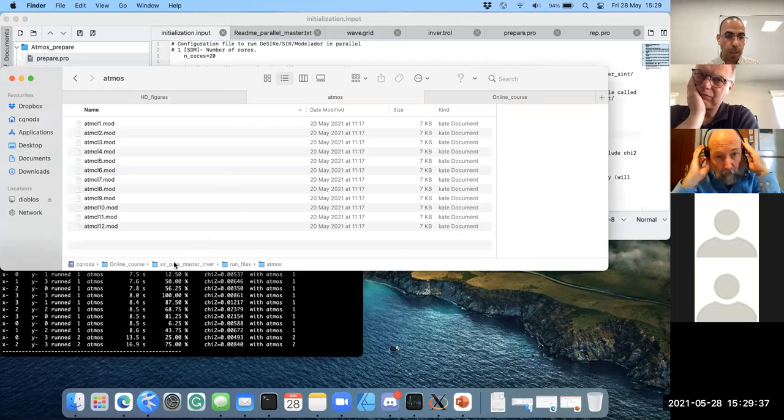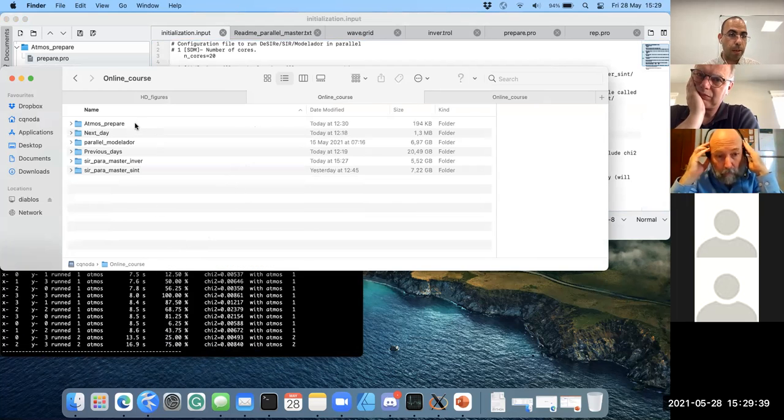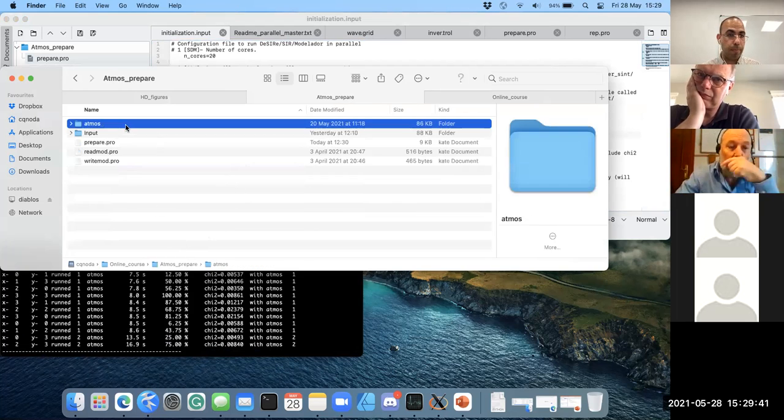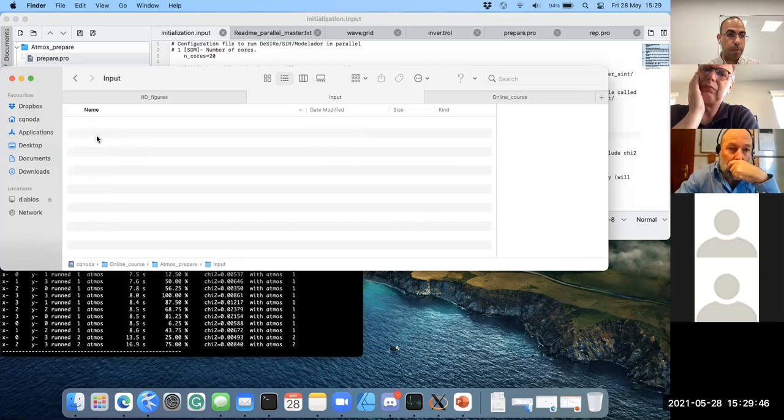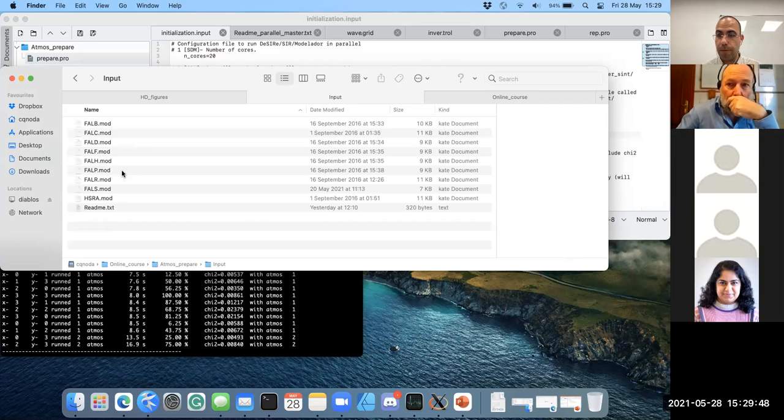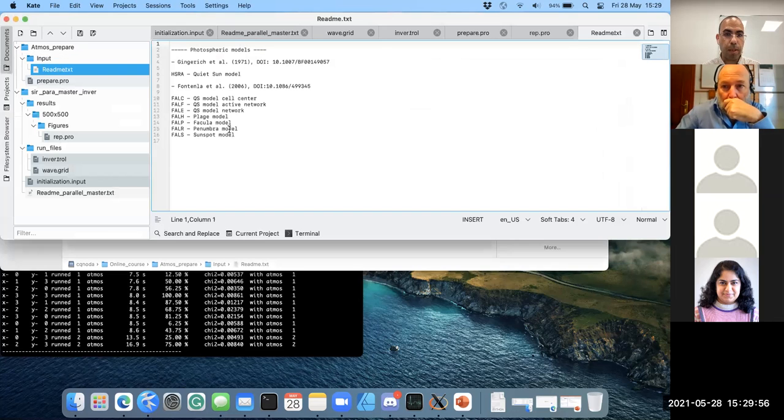I prepared a folder here called atmos_prepare, and I put in this folder, input, several reference atmospheres. They are basically all the FAL models that we have, and HSRA. I put here some explanation. The HSRA is from this reference, it's a quiet Sun model, and then the FAL models were extracted.